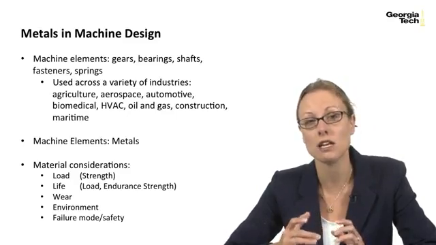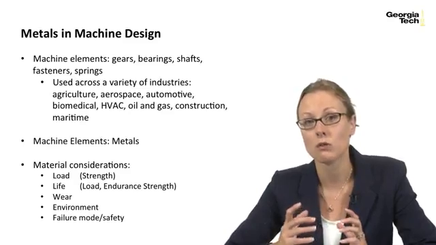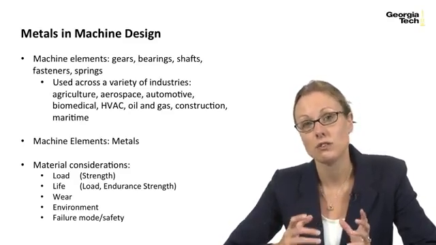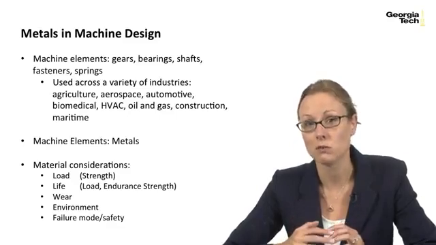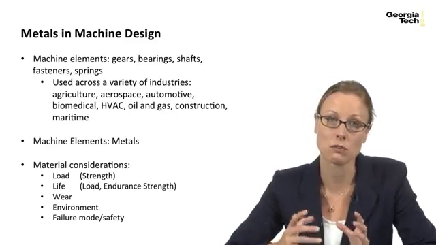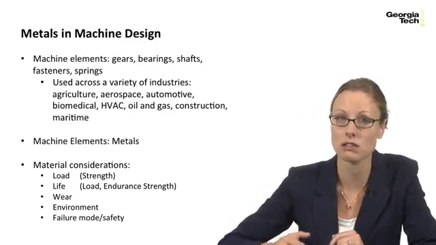And then many of these operating environments have high safety considerations due to the number of humans working around these machines. So primarily metals compose these machine elements, and that's why we're going to focus on metals in this course.